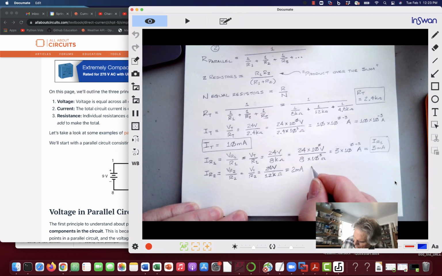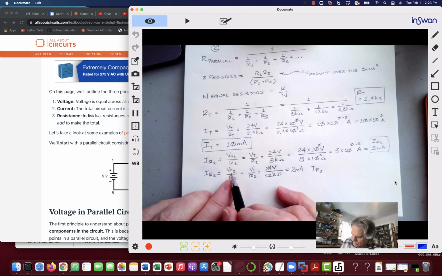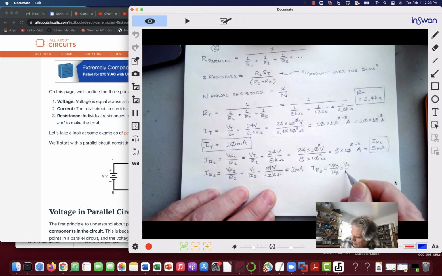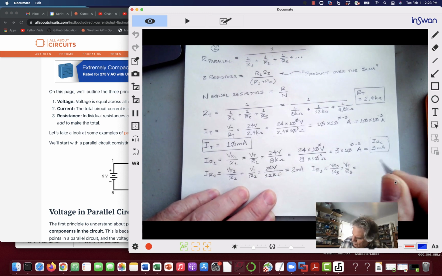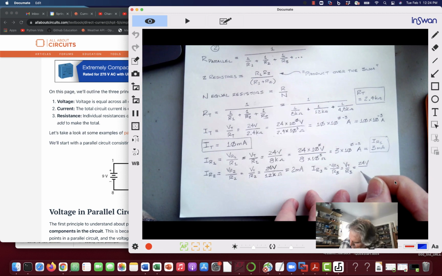And IR3 will get even more risque here, and we'll just say, well, IR3, it's obviously equal to VR3 over R3, which equals V total over R3, which is equal to 24 volts divided by 4.8 k ohms.